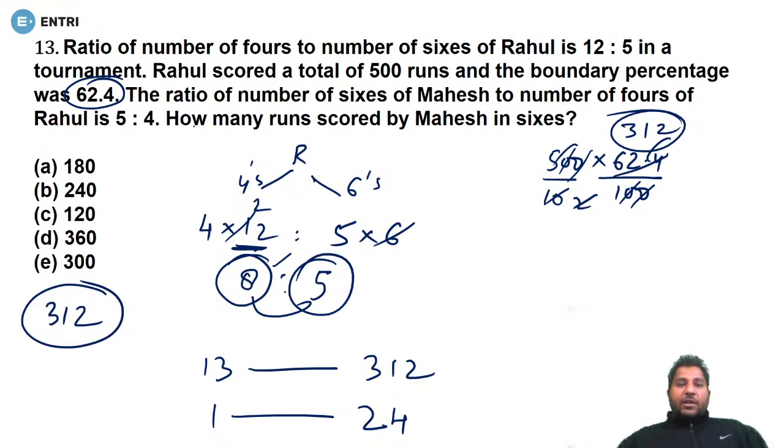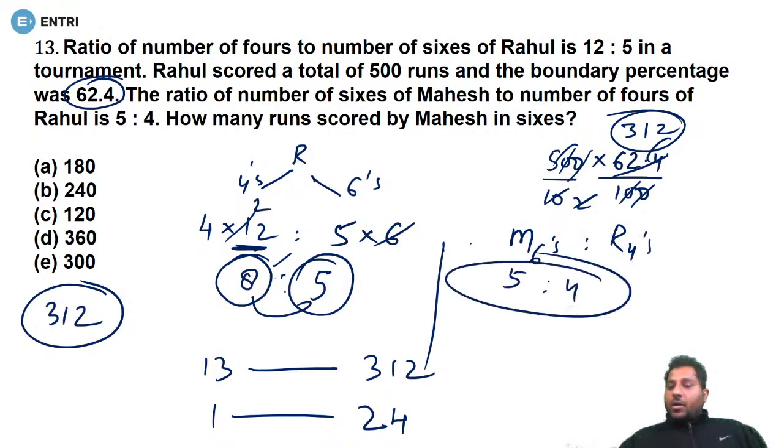Alright. Now the ratio of the number of sixes hit by Mahesh and the number of fours hit by Rahul is 5 ratio 4. Now tell me how you are going to do that. If Rahul's boundaries will be converted into runs, what would we do? We will multiply it with 4 and here with 6 to get the final 15 and 8.